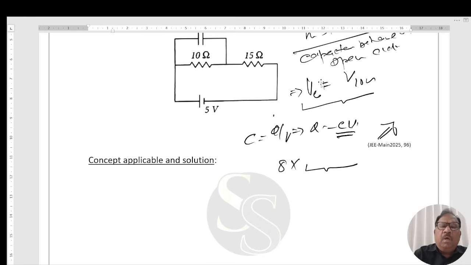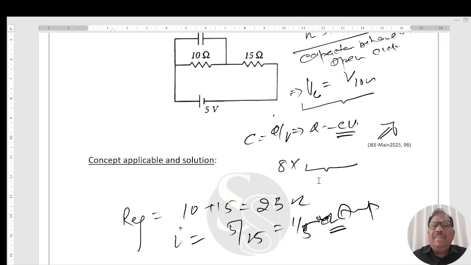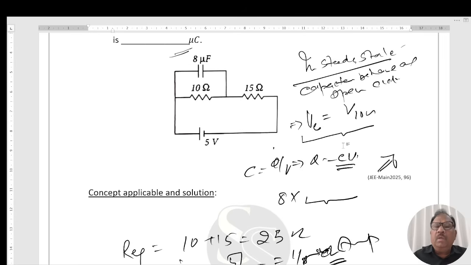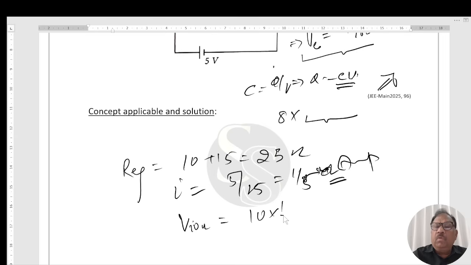To find the V, R equivalent will be equal to 10 plus 15, 25 ohm. Current drawn from the battery is 5 divided by 25, that is 1 by 5 ampere. Then voltage across the 10 ohm resistance will be equal to I into R. In series the current is the same, 10 into 1 by 5, that is 2 volt.